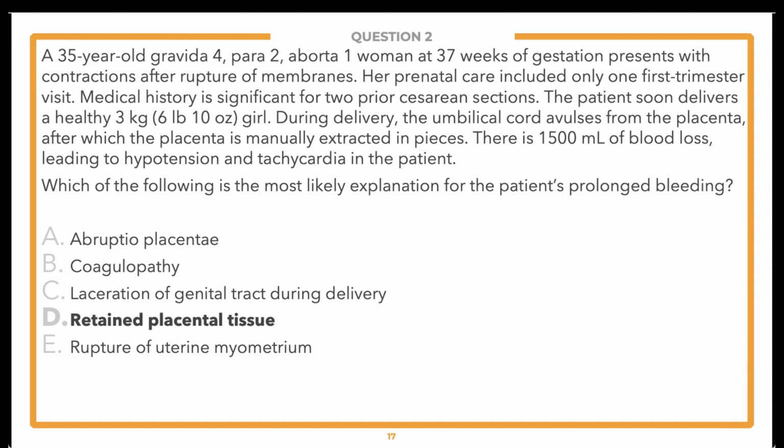The lacerations of the genital tract during delivery usually involve only the perineal skin, okay, and wouldn't likely account for such a massive blood loss. And in terms of answer choice B, coagulopathy, a few of you went with this one. The patient really doesn't have a medical history consistent with an underlying coagulopathy to account for that postpartum bleeding.